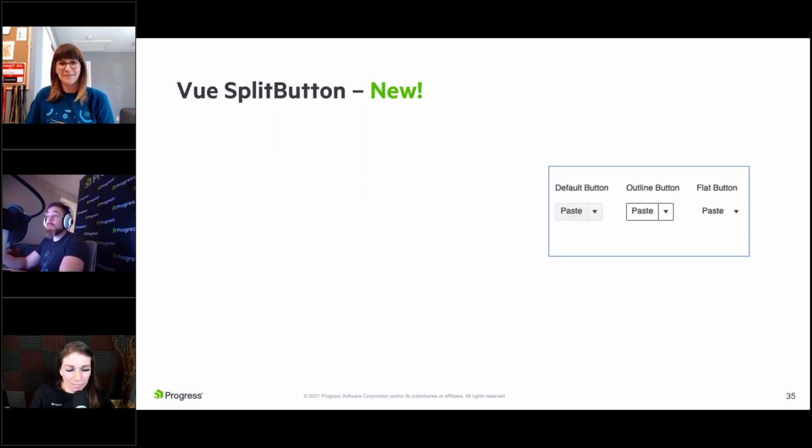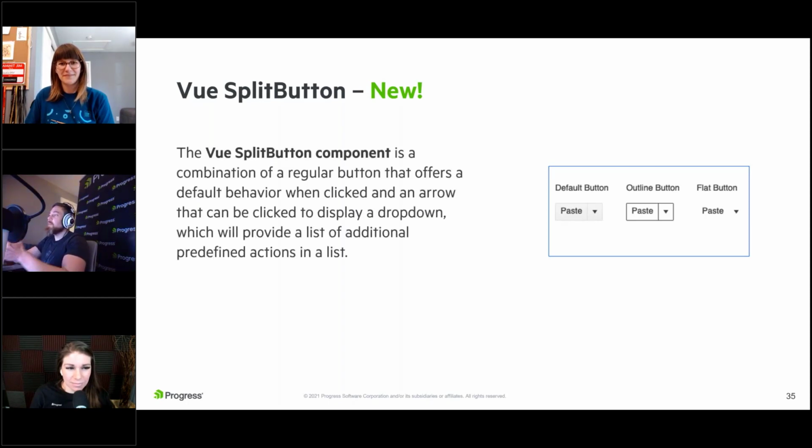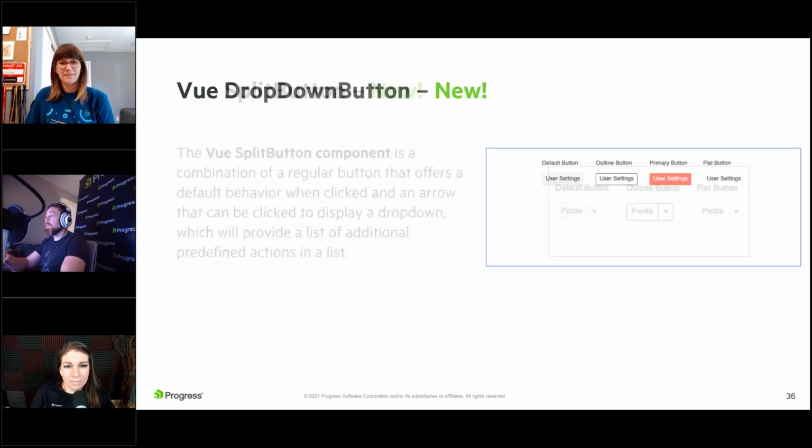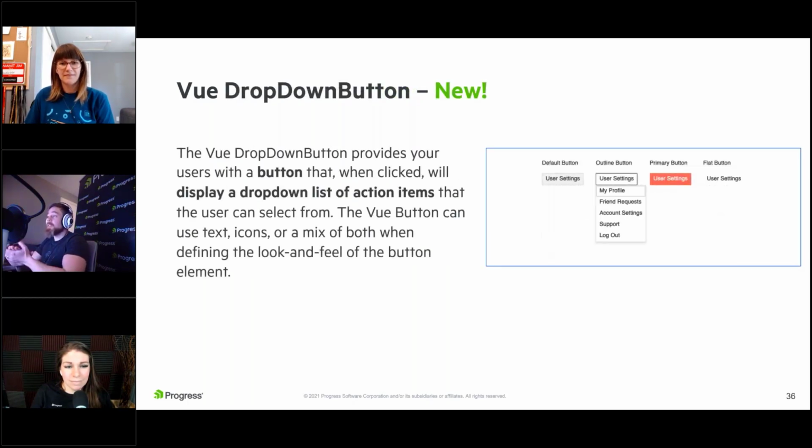We have the split button, which is related to the toolbar because you can add a split button into the toolbar. The way this works is that you have this split between the text and the icon, or the combination of that, with a little arrow on the right-hand side that, when you click on it, gives you a drop down with an additional list of options that you can select from. You also have the drop-down button, which does a very similar thing.